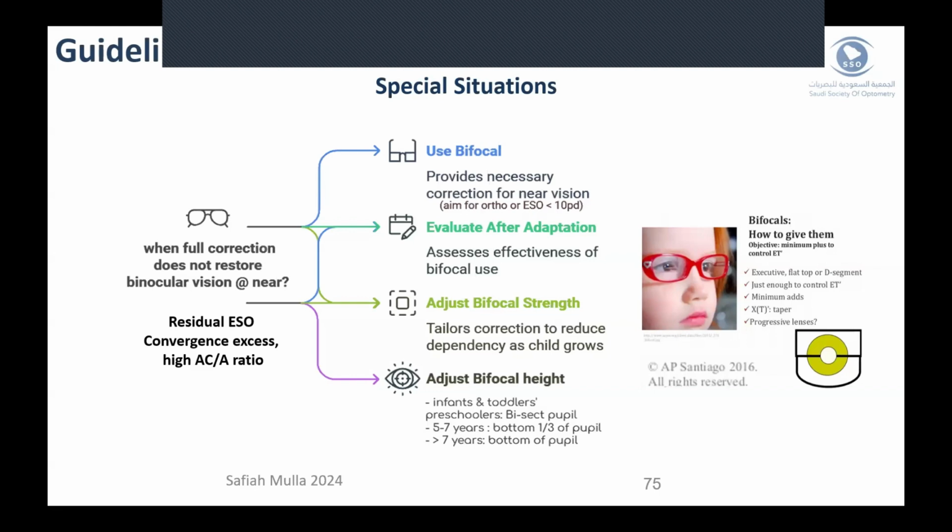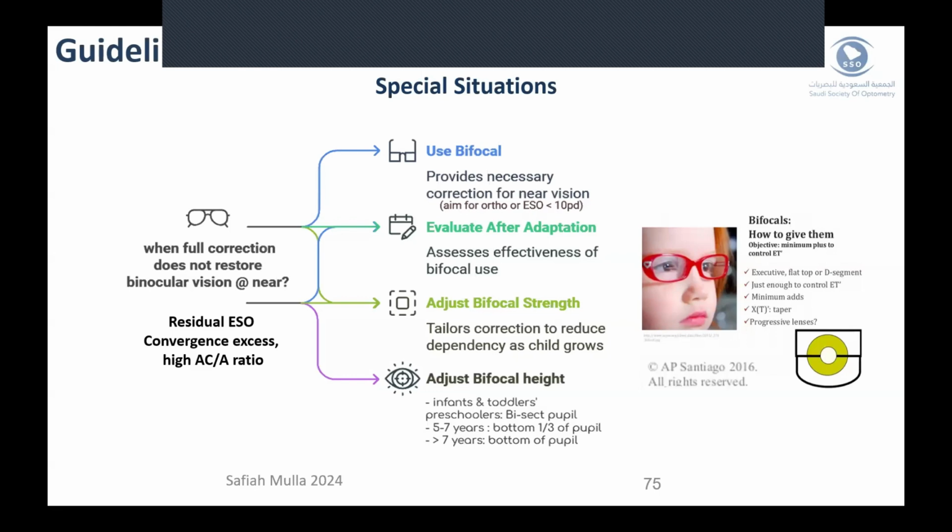Okay, for infants and toddlers and preschoolers, the near add should bisect the pupil, so that we force them to use the near section of the lenses when they look at near, and you can change it with the older kids, 5 to 7 years.